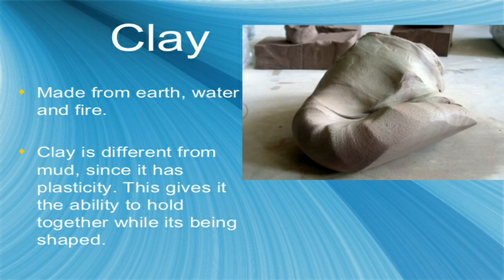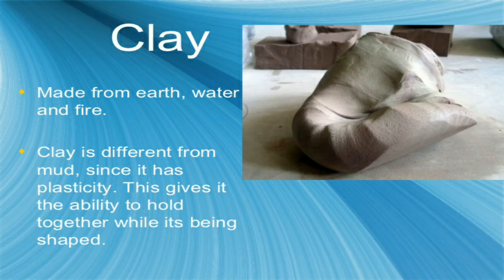Now, clay. Clay is made from earth, water, and fire, and clay is different from mud since it has plasticity, and this gives it the ability to hold together while it's being shaped.